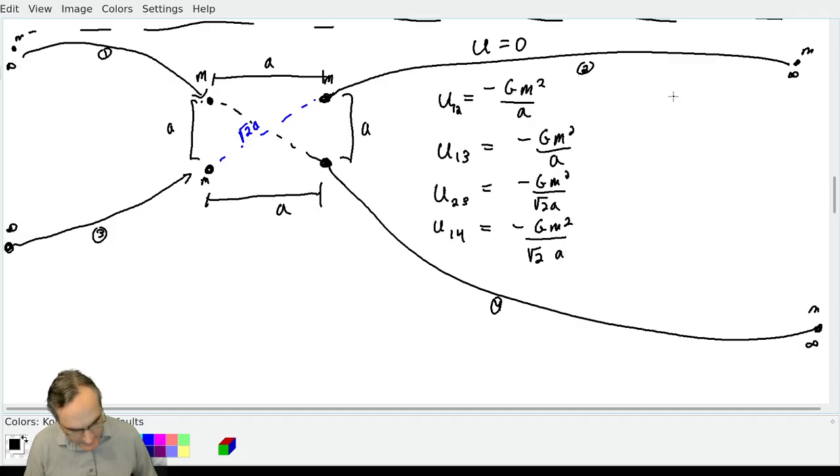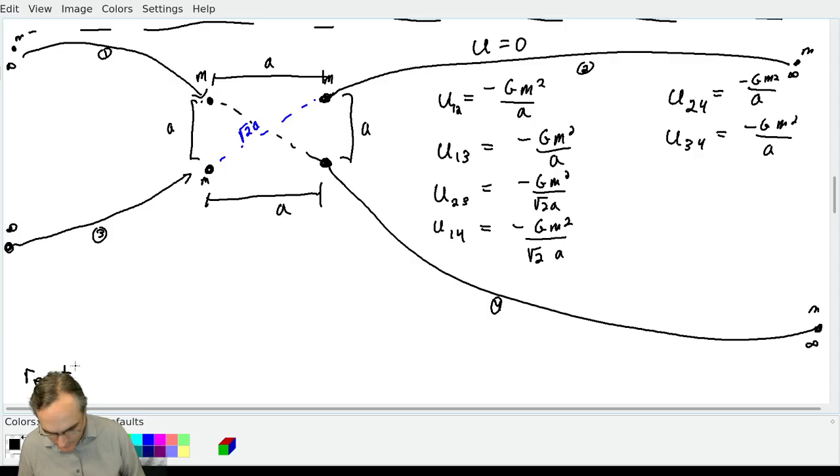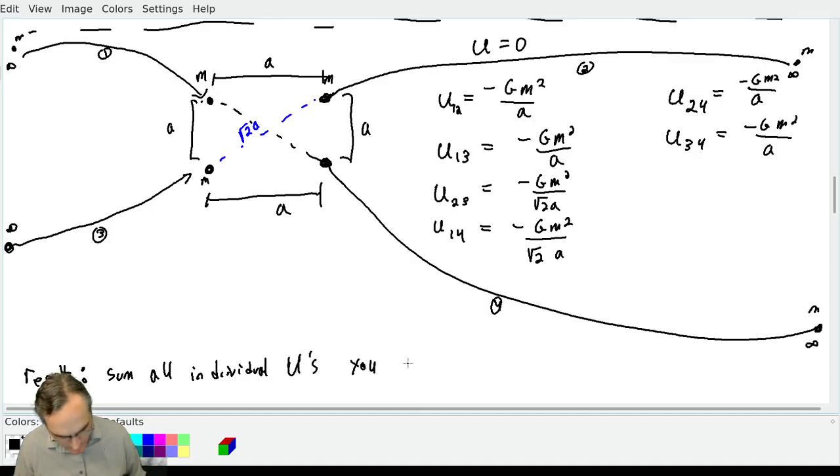Then we're going to get another one between 2 and 4, and that one will be equal to minus G m squared over a. And then we've got one more between 3 and 4, and that'll be another minus G m squared over a. If you sum all the individual U's, you get the total for the system.